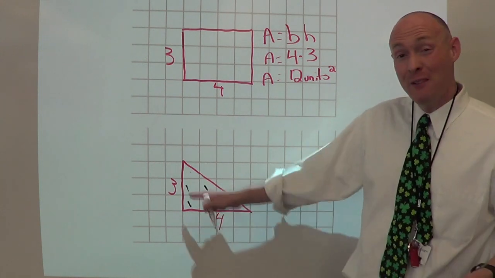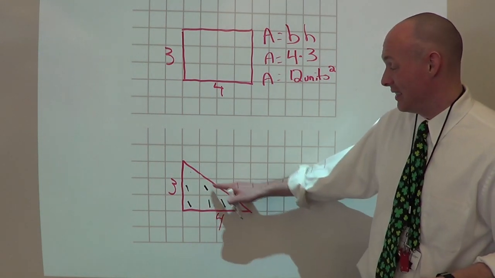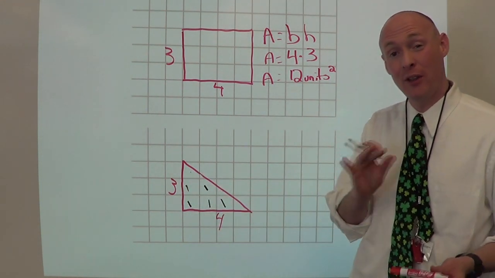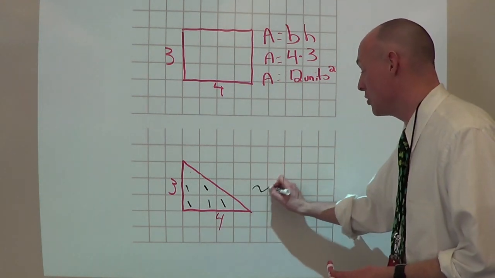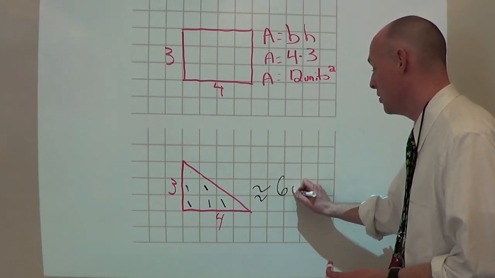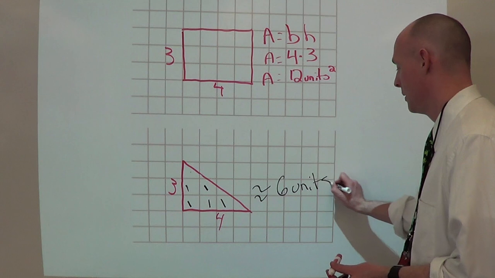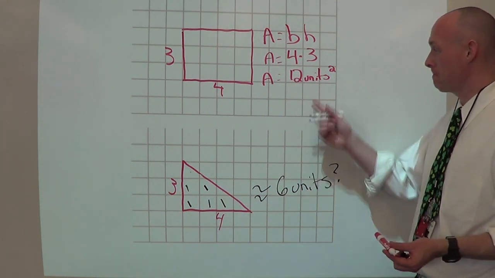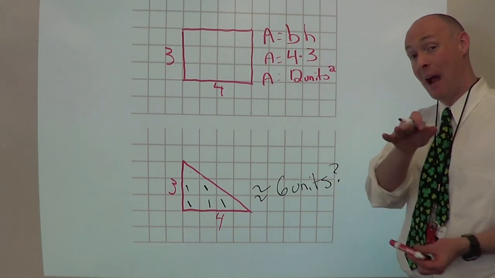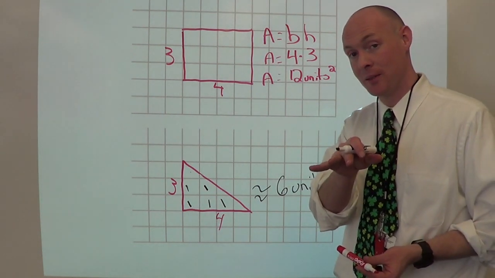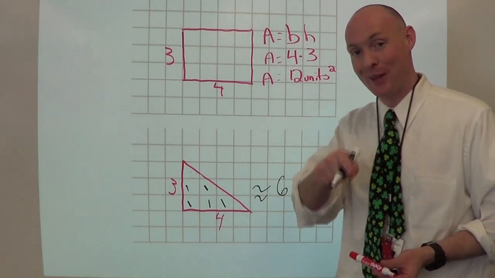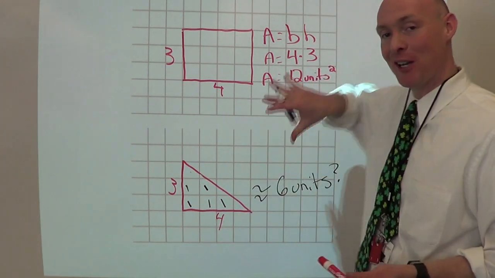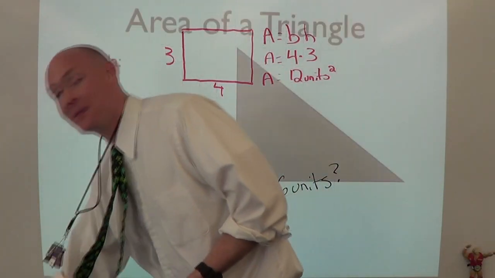So I have 5 full units and little fractions of other units, so I think it's probably going to be close to 6 units. Maybe? Now can you think of a formula we can use? Well, whether you can think of one or not, I'm going to show you a formula.